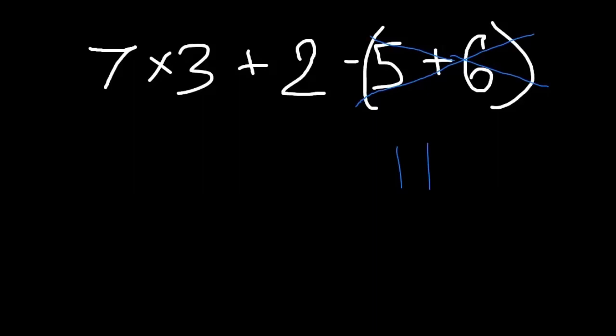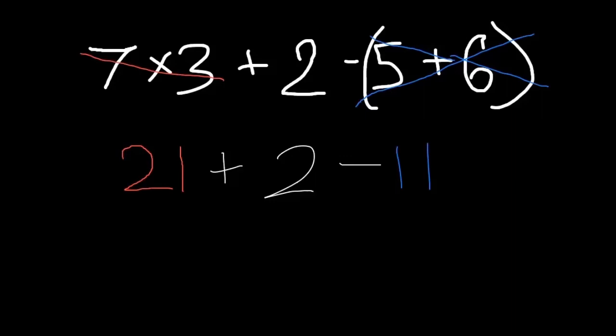Next, what we would do is we would do a multiplication, because that would be next on our list. 7 times 3 is 21. And now we can bring down our plus 2. So 21 plus 2, and let's also bring down this minus symbol right here.